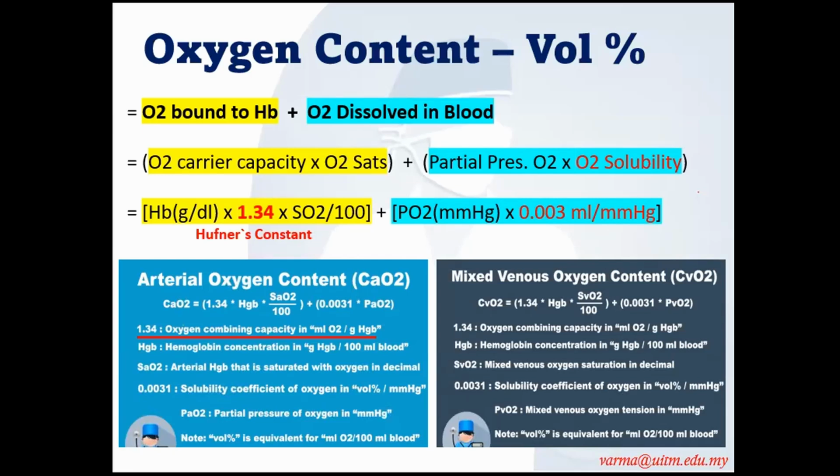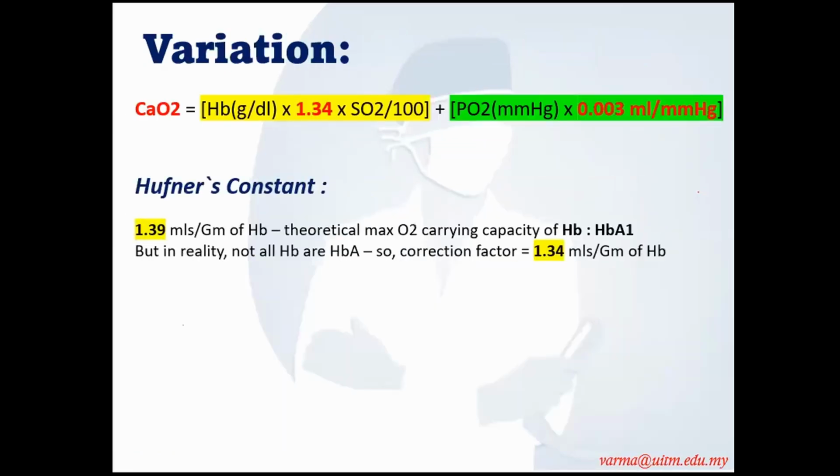Hüfner's constant, 1.39 ml per gram, is the theoretical value. Ideally, a perfect hemoglobin can carry up to 1.39 to 1.4. Unfortunately, we don't have 100% HbA in our body. We have some methemoglobin, sulfhemoglobin, and sometimes when you're young, HbF and everything. So that's why it's 1.34.